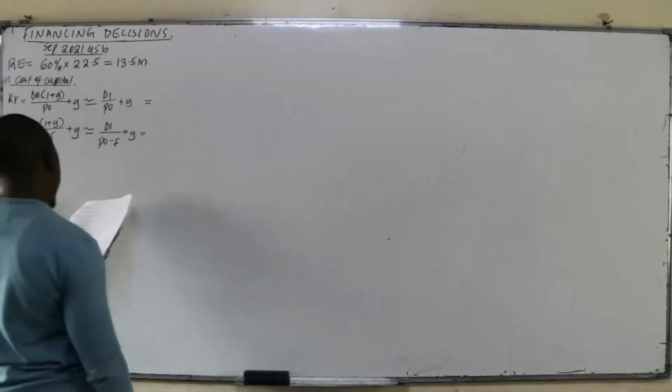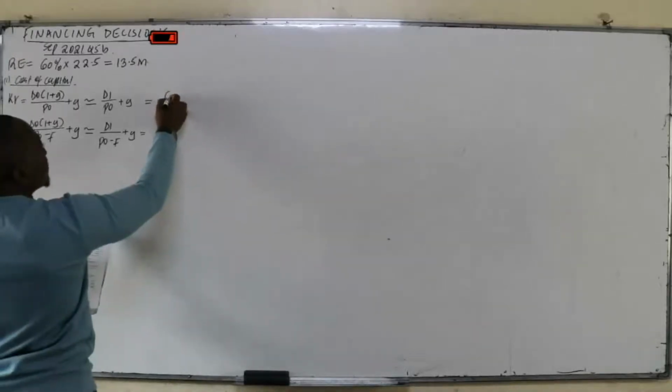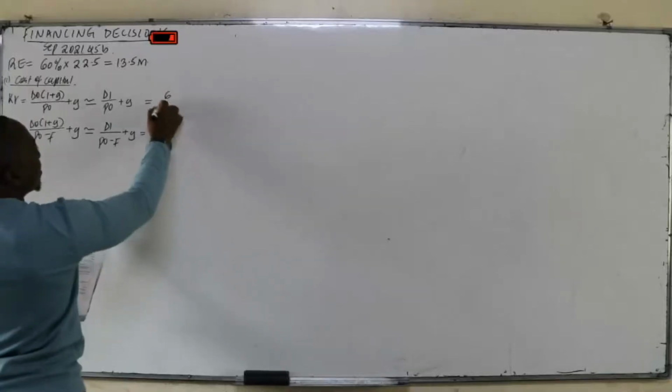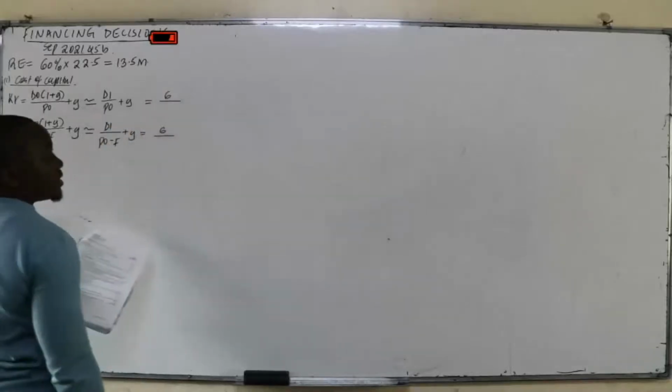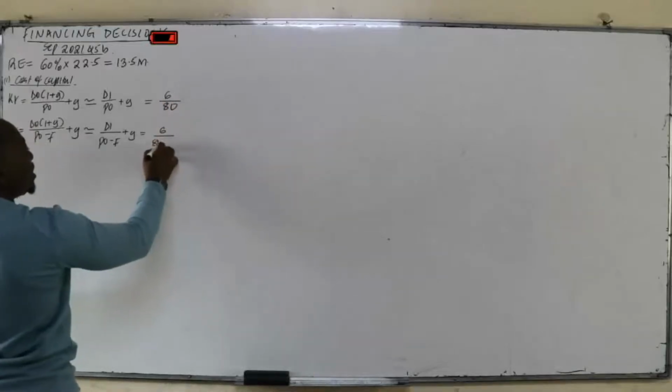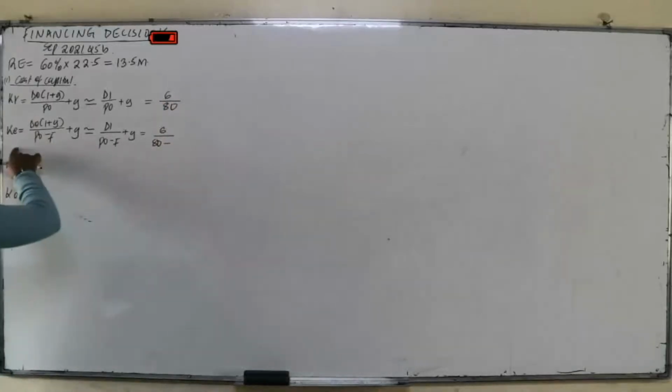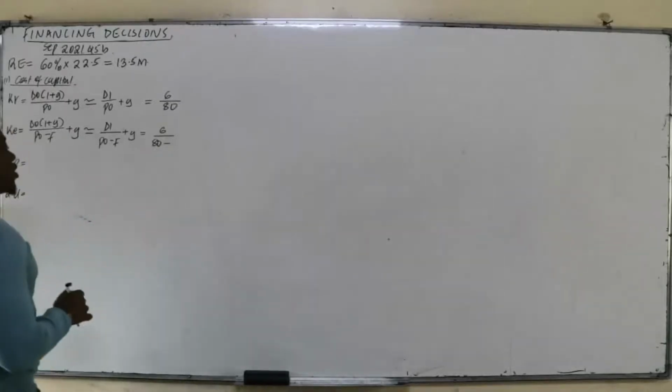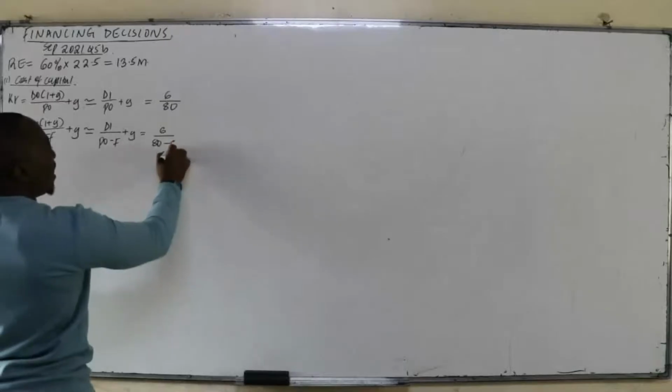In this case, we are given D1. That's the expected dividend. Number 4, the ordinary shareholders expect a dividend of 6. We have 6. You divide by P0. How much is our P0? We have 80. Also here 80. But for ordinary shares, you deduct the flotation cost, the cost of issuing those shares. How much is the flotation cost per share? 8.